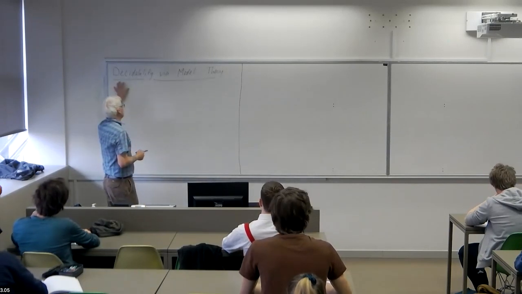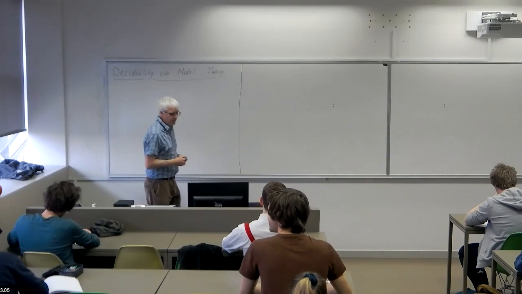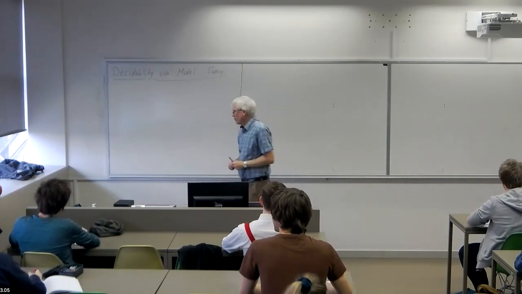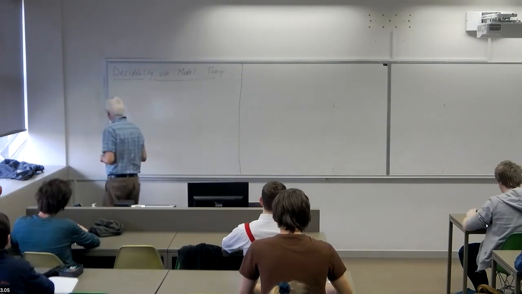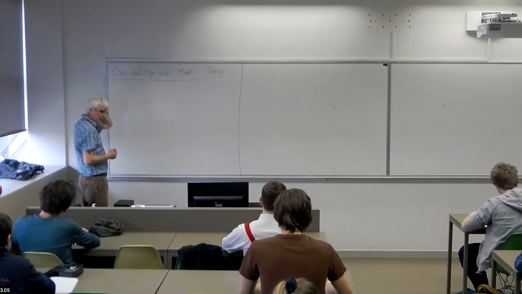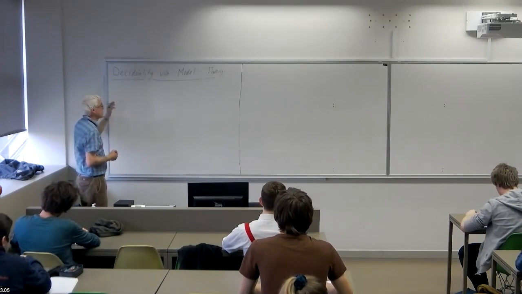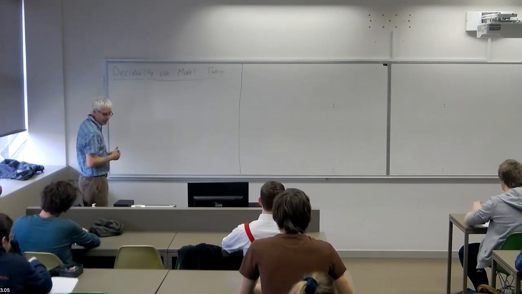So I want to look at decidability. We've already several times in this course proved that theories are decidable, particularly in the 4th and 5th lectures when we were applying quantifier elimination.